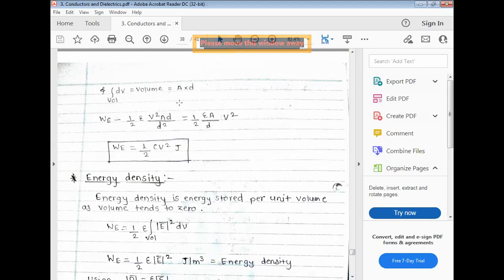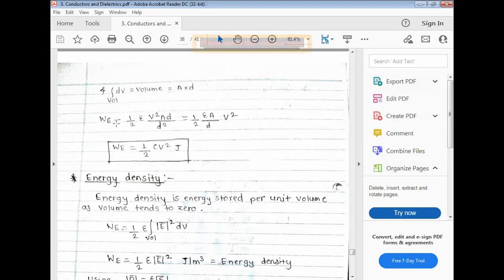So W_E is equal to 1 divided by 2 epsilon V square into, instead of dv, we write A into d, divided by d square. So it is 1 upon 2 epsilon A into V square divided by d, because one d and d get cancelled, and only d is remaining in the denominator.